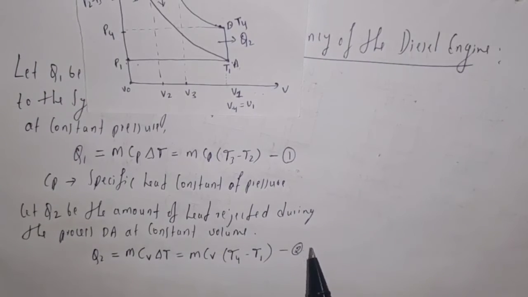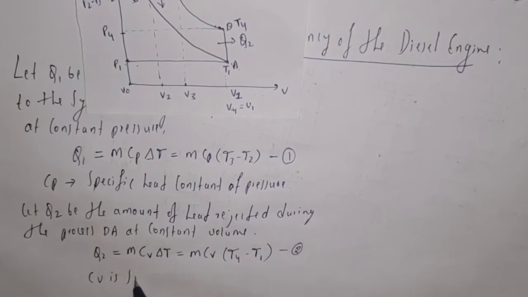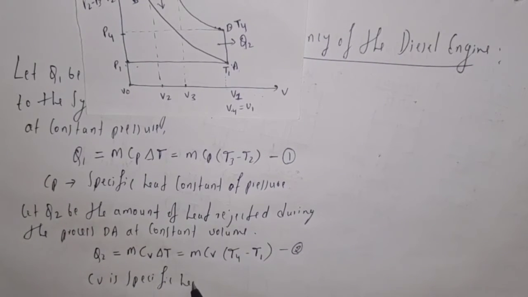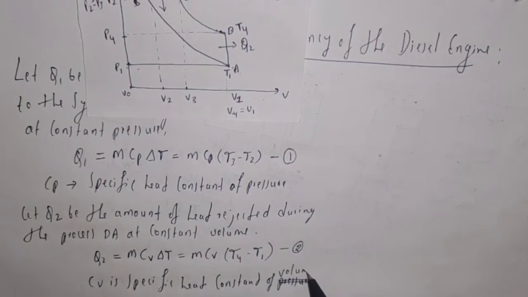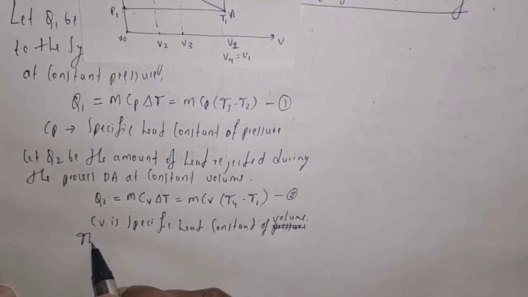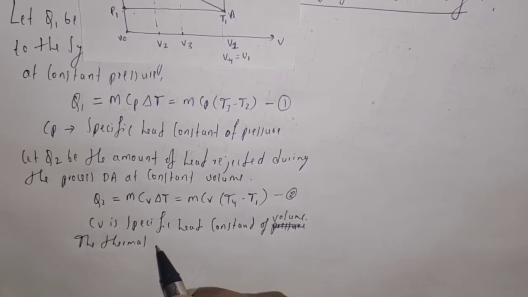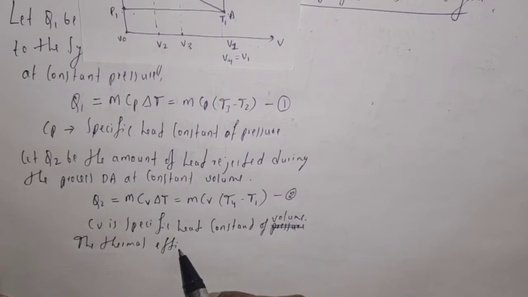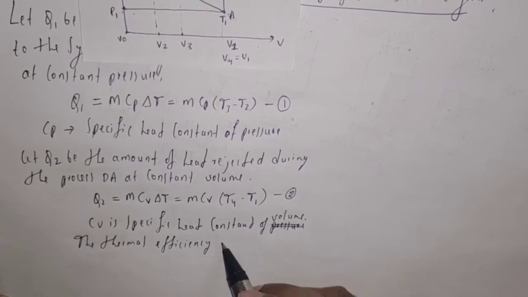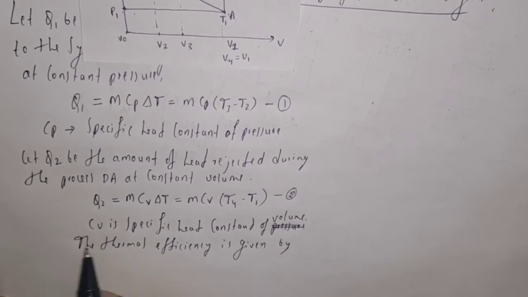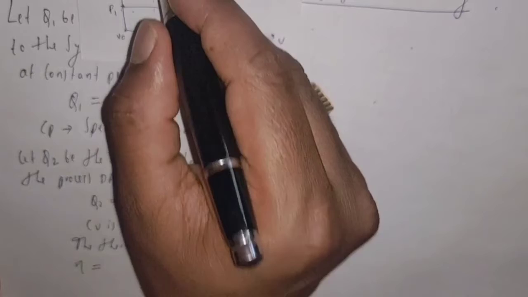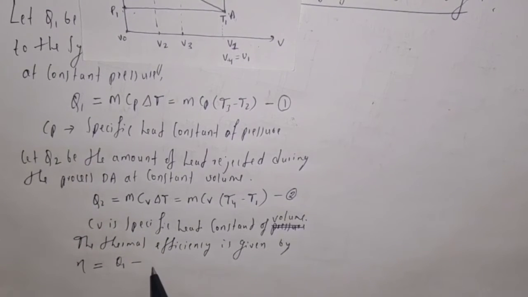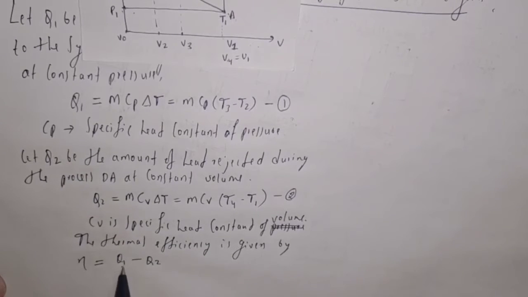Here Cv is the specific heat at constant volume, and the thermal efficiency, as we discussed in the last class, is given by eta equals the amount of heat added to the system, Q1, minus the amount of heat rejected by the system, Q2, divided by the amount of heat added, Q1.